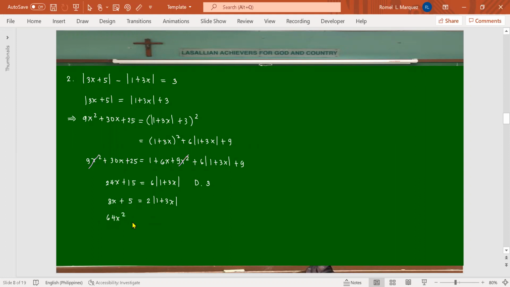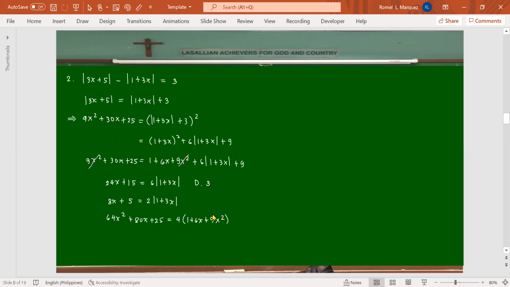Then square each side. 64x squared plus 80x plus 25, equals 4 times the square of this: 1 plus 6x plus 9x squared. Correct? What is 64 minus 36?